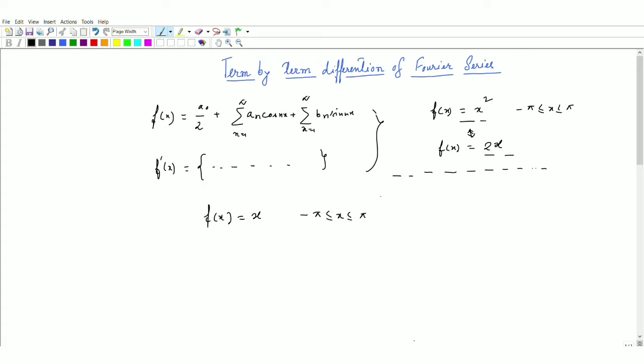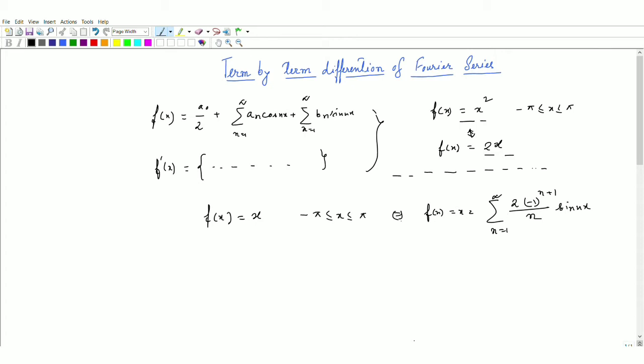So now we know the Fourier series of this function, that is f(x) = x = summation n from 1 to infinity of 2 times (minus 1) to the power n plus 1 by n, sine nx. Okay, since it is an odd function in this defining interval, so definitely it is a sine series. That thing you know.